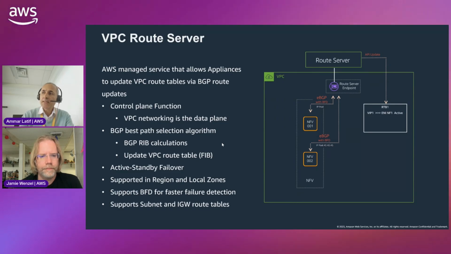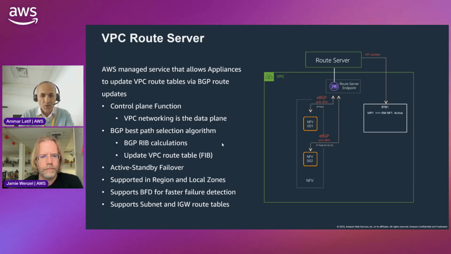In this case, what we're introducing is, if you think about it, the control plane. The VPC Route Server is addressing the control plane portion. From a traditional routing perspective, it is providing us this RIB layer, the routing information base layer, which is a collection of what is the state of routing around me from a BGP perspective, and then does the path selection and passes it on to the VPC route table.